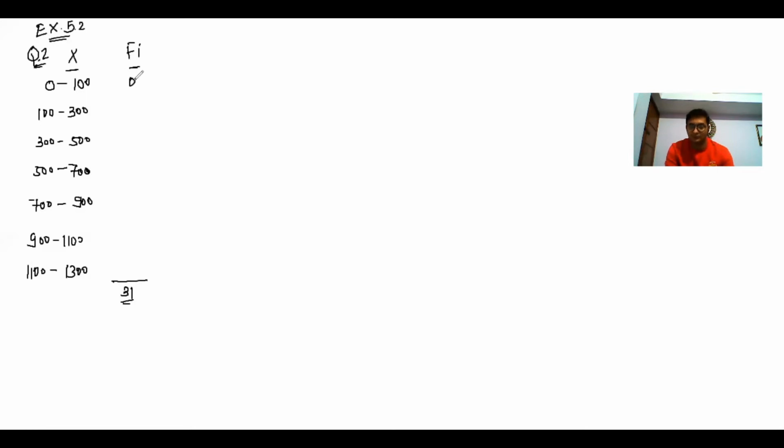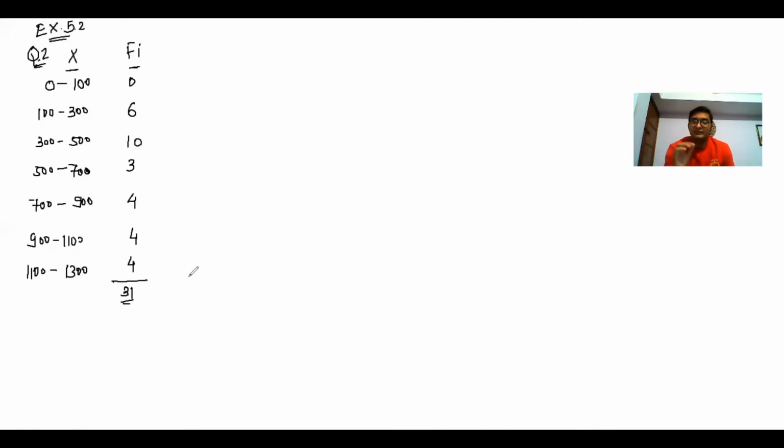First, 0; second, 6 minus 0, that is 6; third, 16 minus 6, 10; 19 minus 16, that is 3; 23 minus 19, 4; 27 minus 23, again 4; and last, 31 minus 27, again 4.